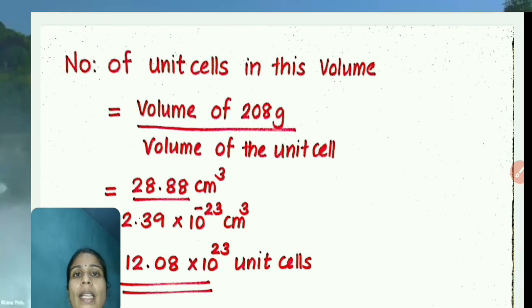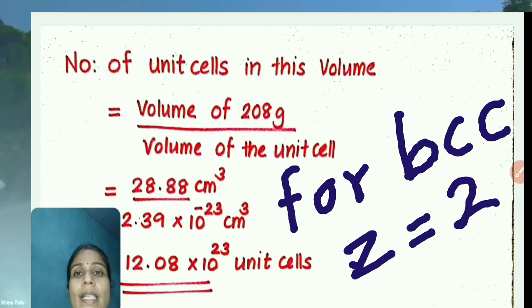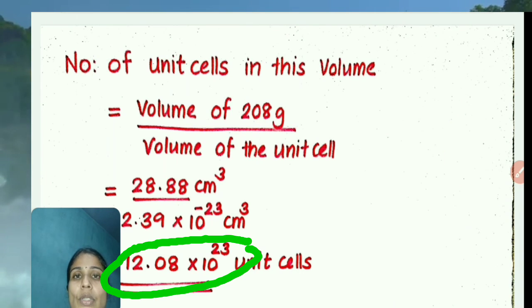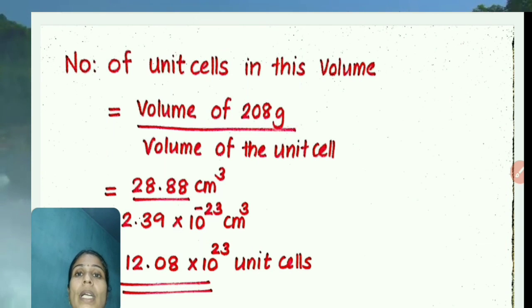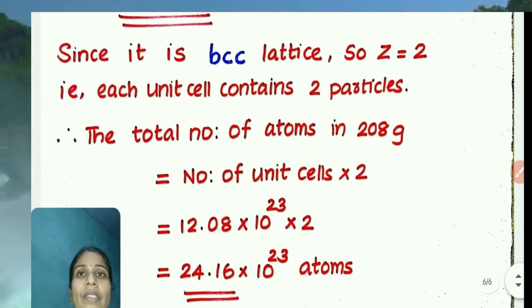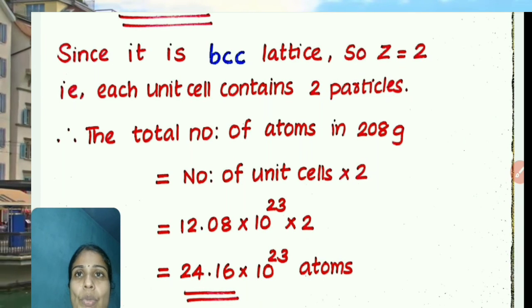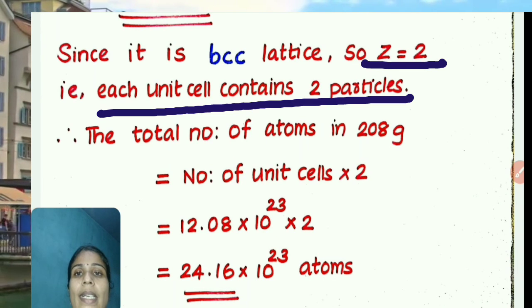Then you know, since it is a BCC lattice, one unit cell contains 2 particles. The number of unit cells is 12.08 into 10 raised to 23, so the number of particles is this value multiplied by 2. Since it is a BCC lattice, Z is equal to 2. Therefore, each unit cell contains 2 particles.